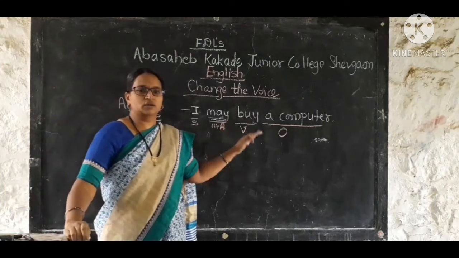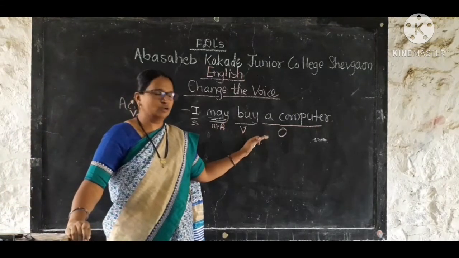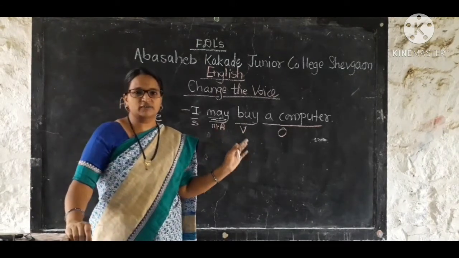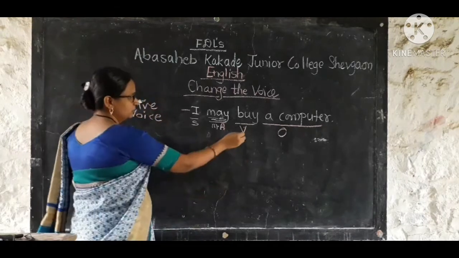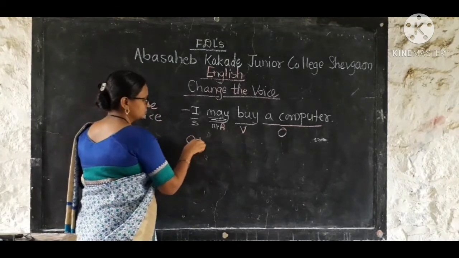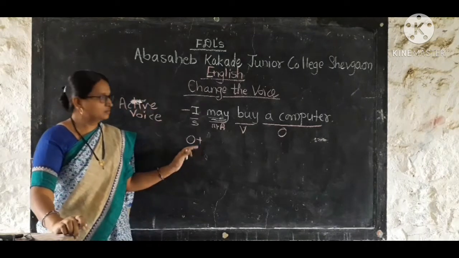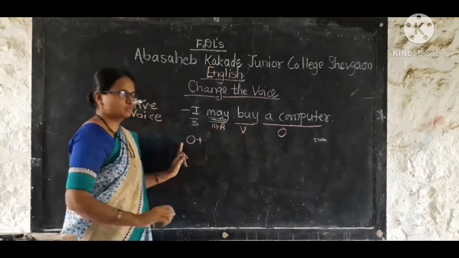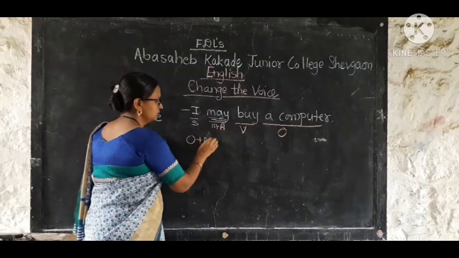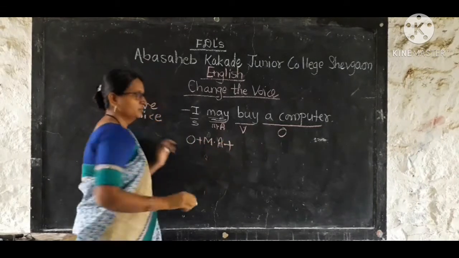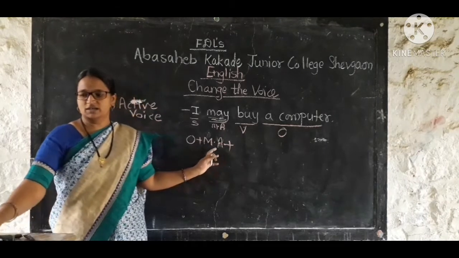Now we have to turn this active voice having modal auxiliary into passive voice. And what is the structure of now passive voice? See, we have to begin sentence with object. Then we have to use modal auxiliary.